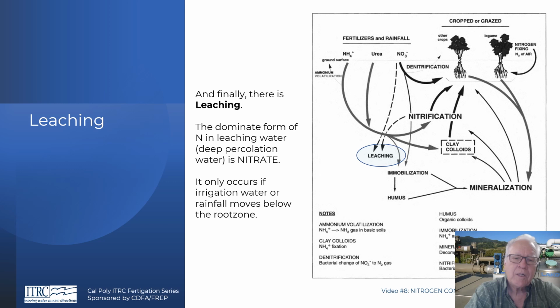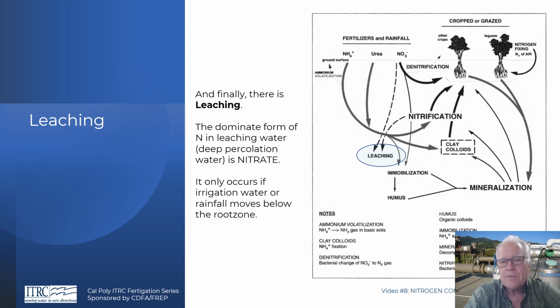From a groundwater contamination standpoint, leaching, you can see this near the bottom left, there's a circle around it. Leaching is the one that various environmental groups are very concerned about. Keep in mind, you can't avoid all leaching from rainwater and from irrigation water. What you can do is minimize it, and often you can minimize it tremendously.